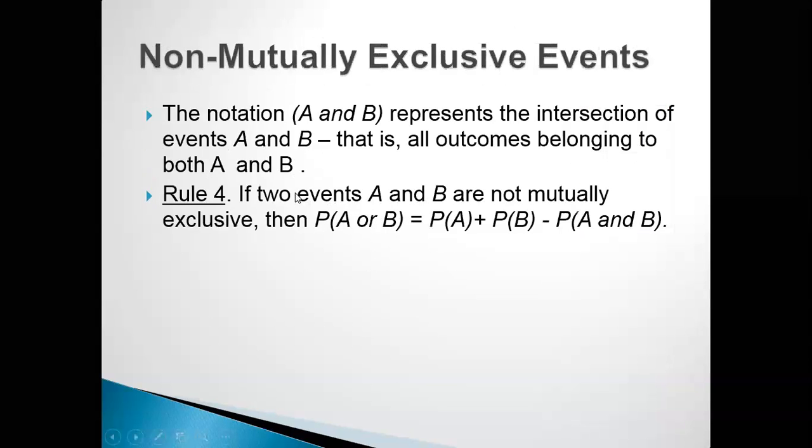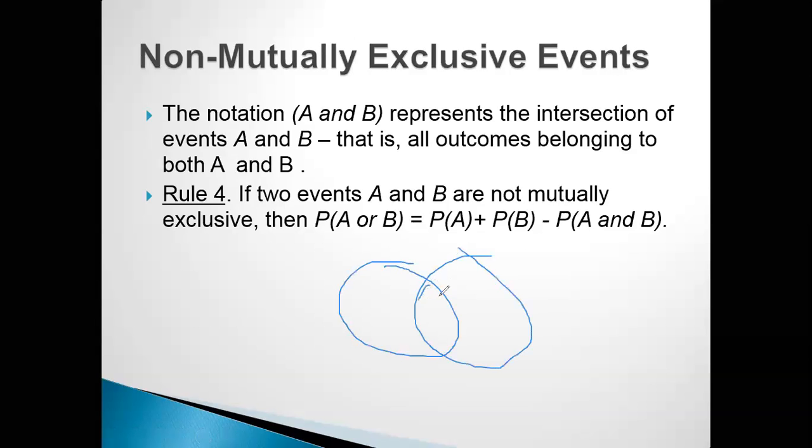The next one is non mutually exclusive events, where something is common between A and B. Just see here, the notation: in the last slide, when the events were mutually exclusive, the notation was A or B. Here, A and B represents the intersection of events A and B. Intersection means a certain area is common, like this area, right?